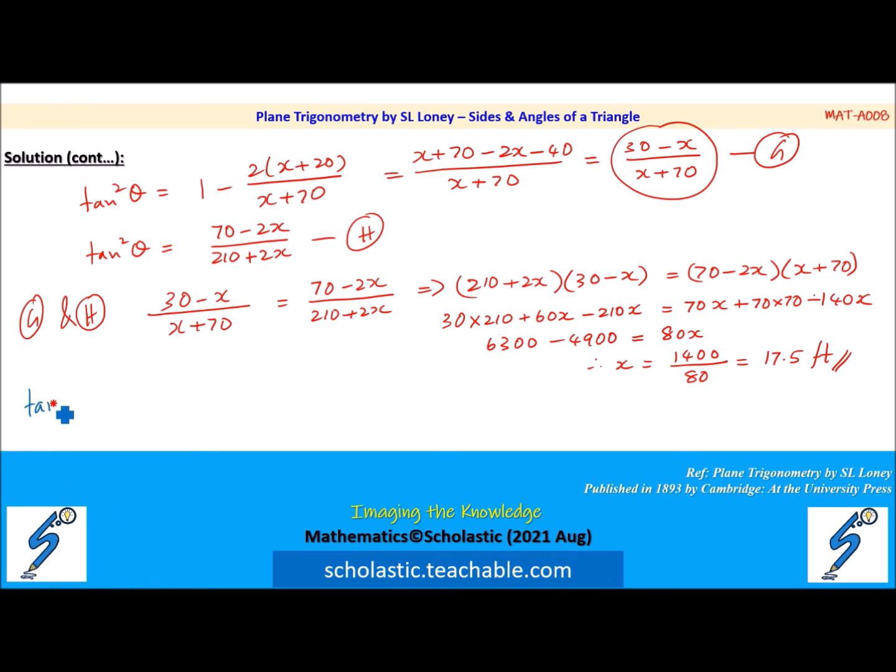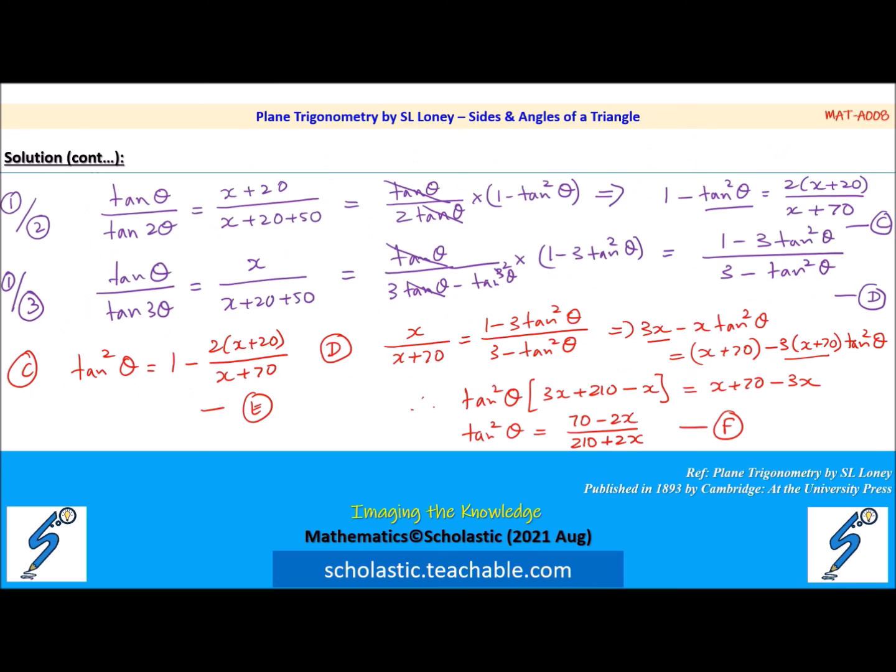Tan squared theta is equal to (30 minus 17.5) divided by (17.5 plus 70), which gives us tan theta. If you simplify this one, tan theta is equal to 0.37796.